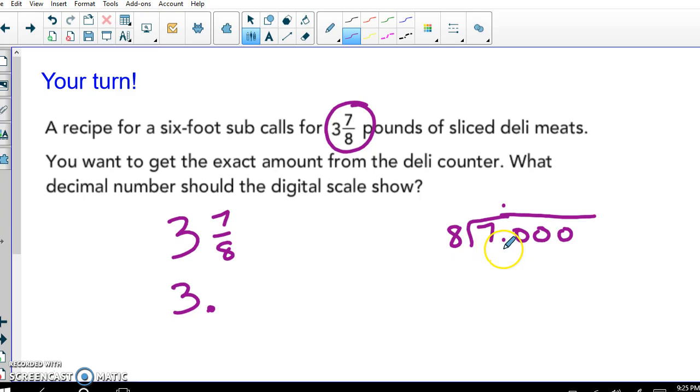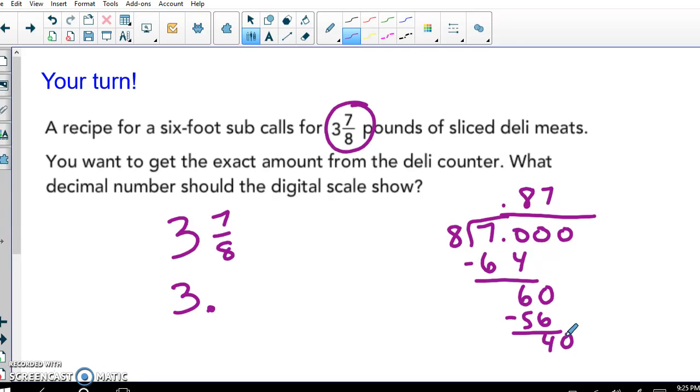Now I am looking at how many times 8 will go into 70. I know that 8 times 8 is 64. That's a difference of 6, so I'll bring down my 0. Now I know that 8 will go into 60 7 times. 8 times 7 is 56. That's a difference of 4, so I'll bring down my 0.